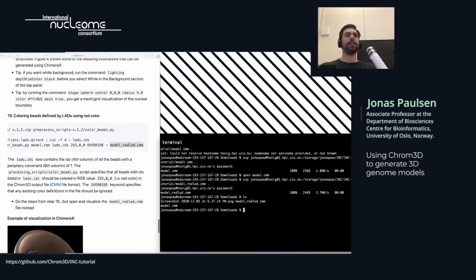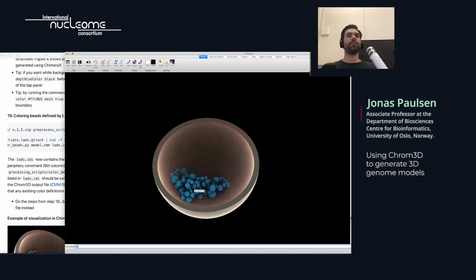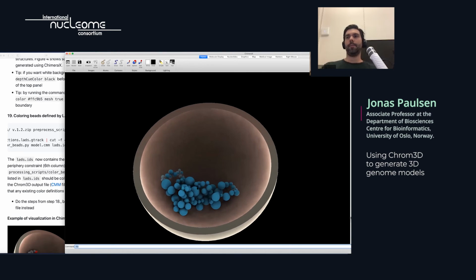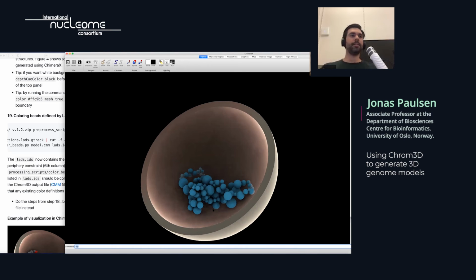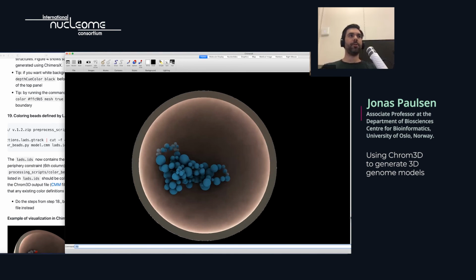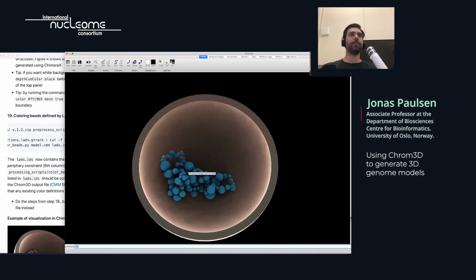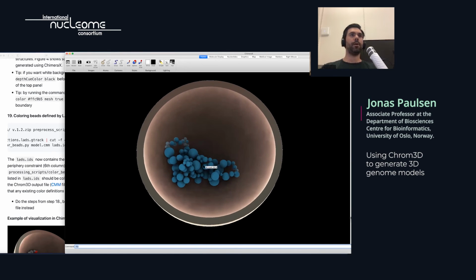This is expected and is also the purpose of going back to the previous question from some time back about running multiple models. So this is also the reason why we can run multiple models with different seeds each time, to generate some statistics on the stability of this structure that we're looking at. And the question about the random seed, it can be fixed. I'll show you actually how to do that. You can just type Chrom3D help and you will get a list of all the commands.